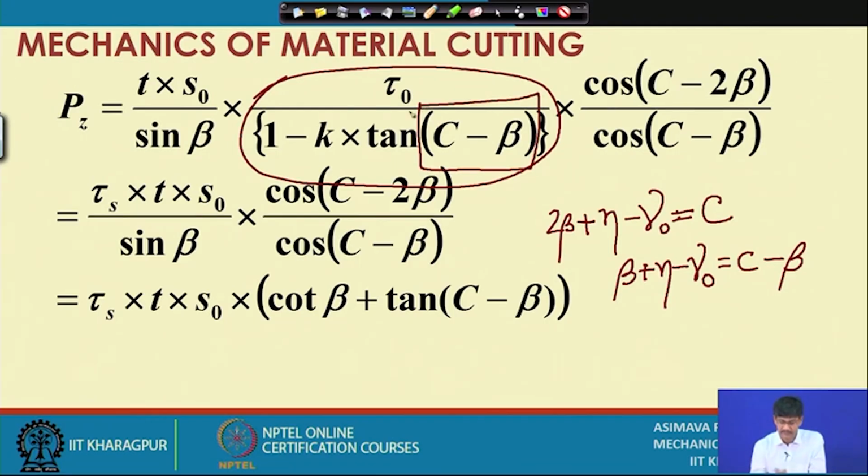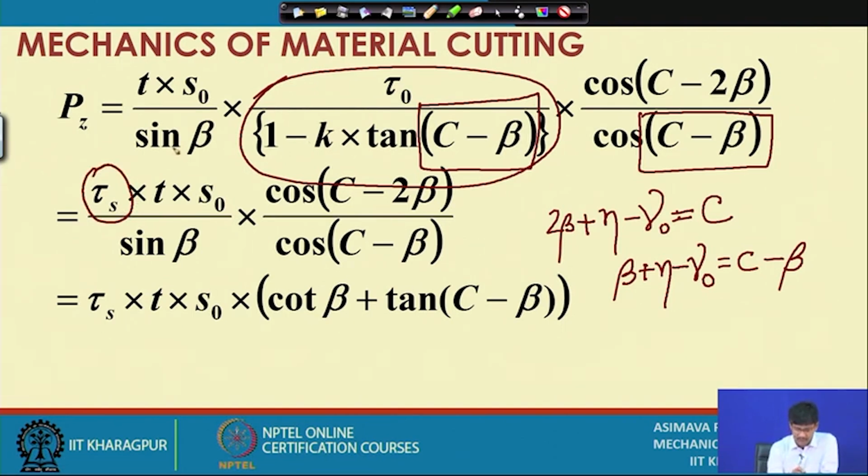Beta plus eta minus gamma O has been replaced here, and it has been replaced here, all right. And therefore, after replacement, still we know that this thing is equal to tau s, and we have straight replaced that formidably large expression here.